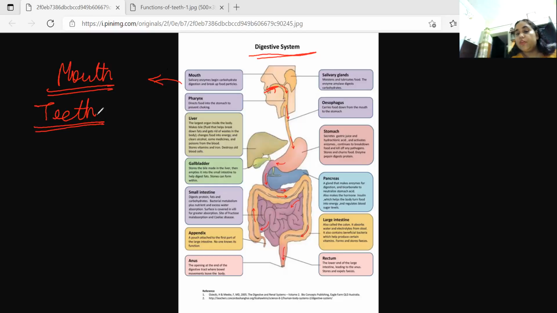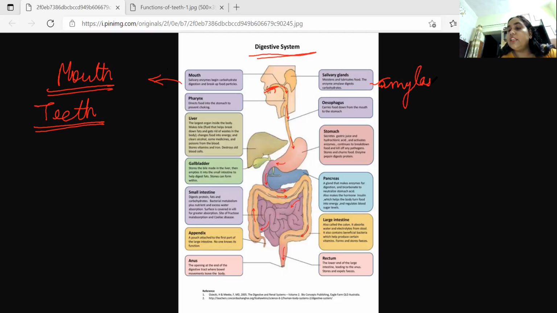The very first process is that when the food is taken in, the salivary glands moisten the food and lubricate it, and the enzyme present here is amylase, which helps in digesting the carbohydrates we are eating.